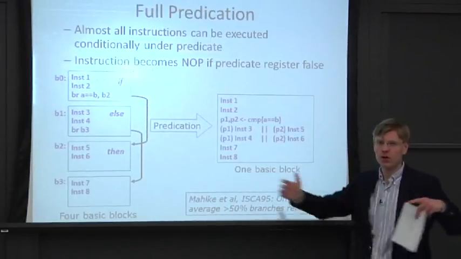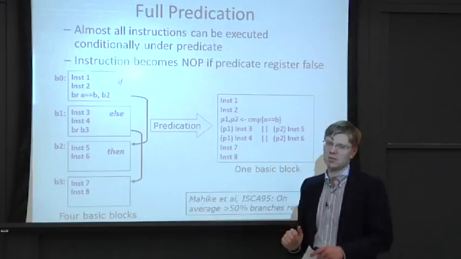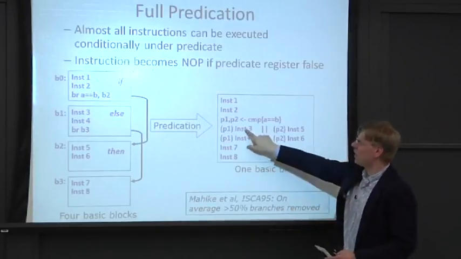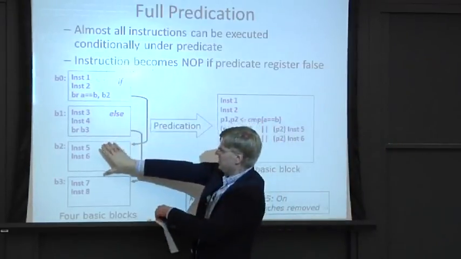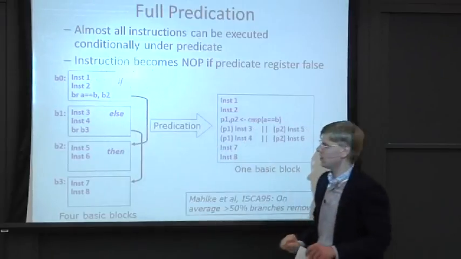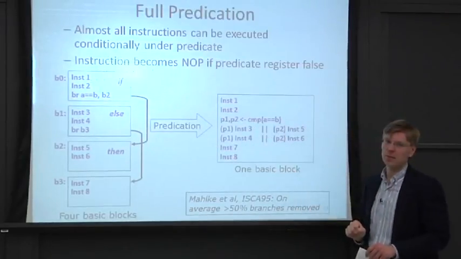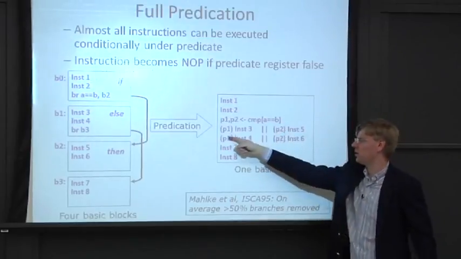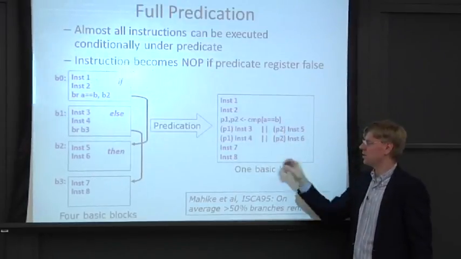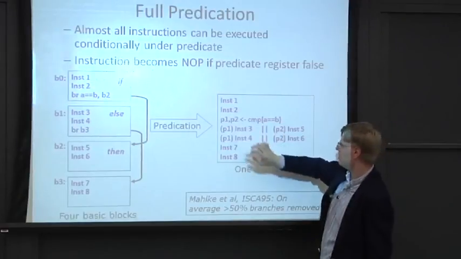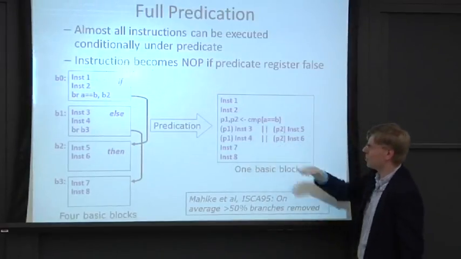Because we have a very long instruction word processor, we can execute multiple things at the same time. And what we've done here is we've actually slid this up next to the then, up next to the else. And we're going to execute them at the same time, dependent on these predicates. So this is the else block, and this is the then block. We're going to execute concurrently.